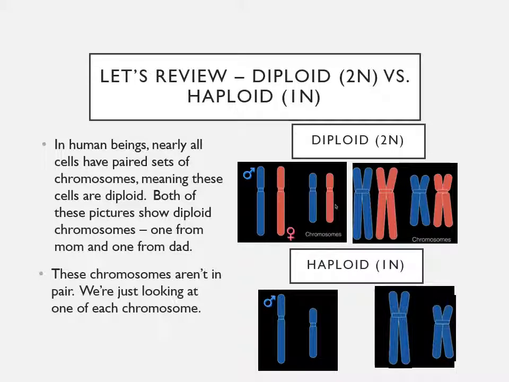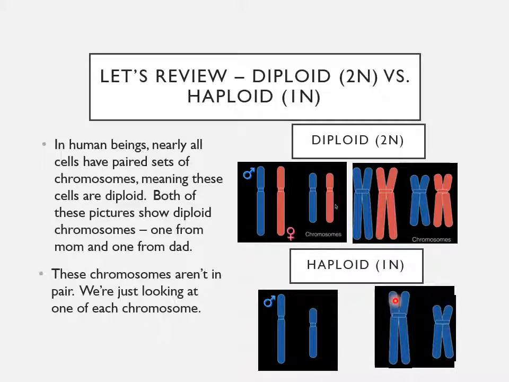Now here, if we just see a copy of the chromosomes from dad, which, for example, would be in a sperm cell, and you only have a copy of chromosome from dad, we call that haploid. And we call that 1N because there's just one set of each chromosome. There's one of chromosome 1, one of chromosome 2, and one of every other chromosome.